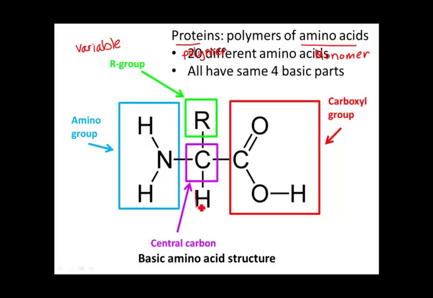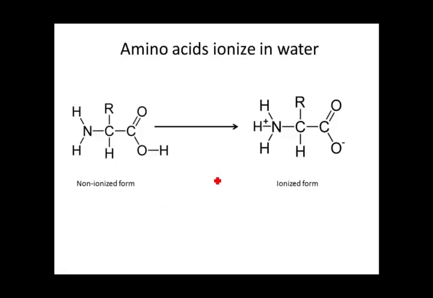Before I show you the chart showing all the different amino acids and the R groups, I just want to point out that amino acids will ionize in water, and when they do, the amino group will pick up an extra proton and become positively charged. H plus equals a proton, because a hydrogen atom just has one proton and one electron.